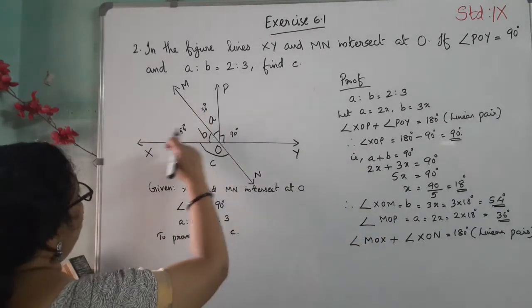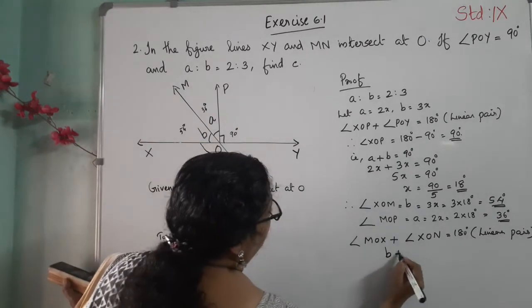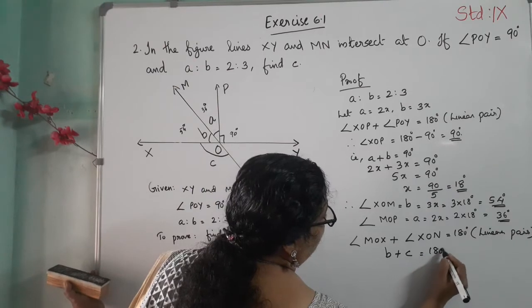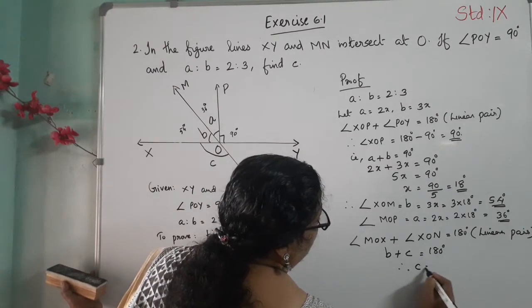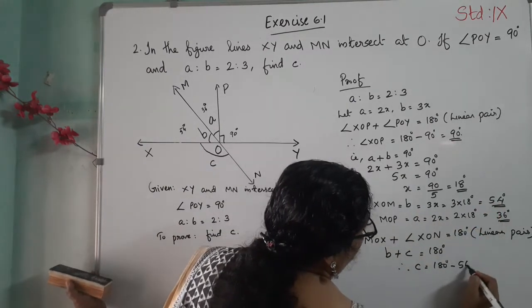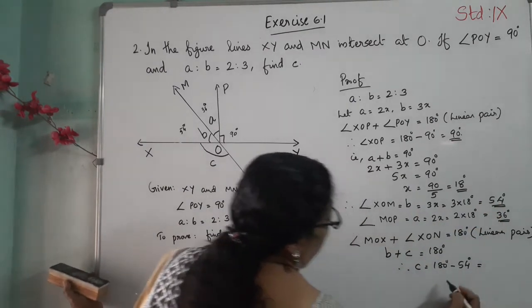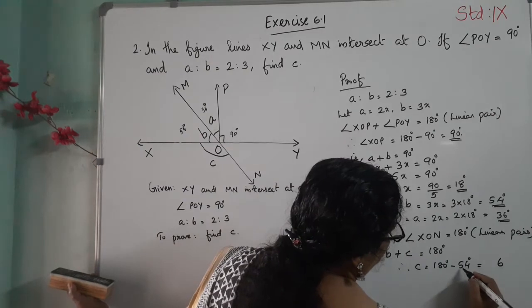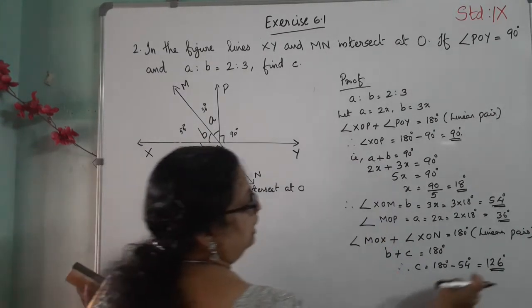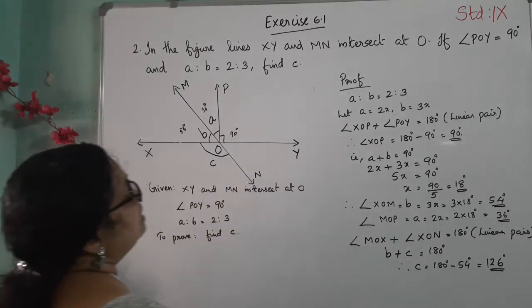Then MOX, that is B, plus XON, that is C, equal to 180 degrees. From here C equal to 180 minus B, B we got 54 degrees, that is 126 degrees. Therefore we get C is equal to 126 degrees.